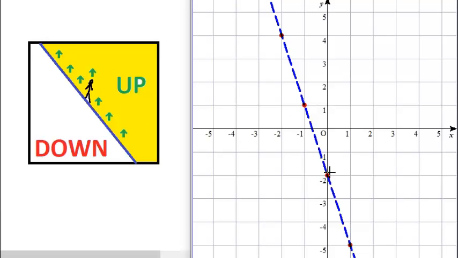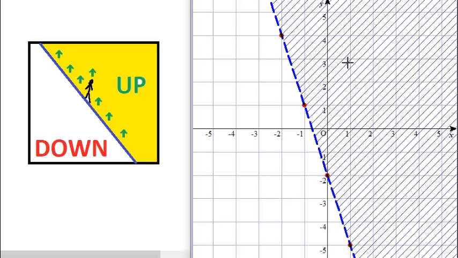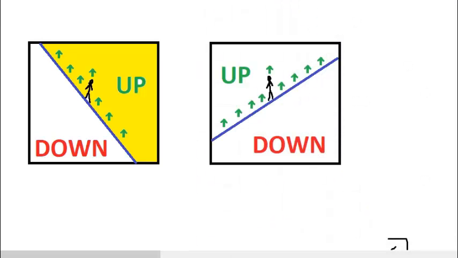So in this case, if I imagine a person walking, it will be on this side. So up will be coloring all of this side. So it should look something like this. I'm not coloring it completely, but you have to color completely. You're not gonna color this side because this will be down. You're gonna color only this side. So let's see how that thing will look like.